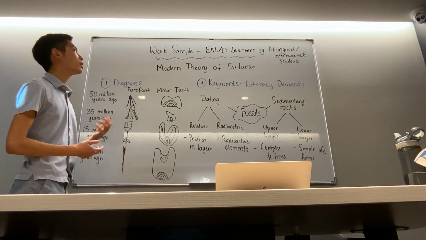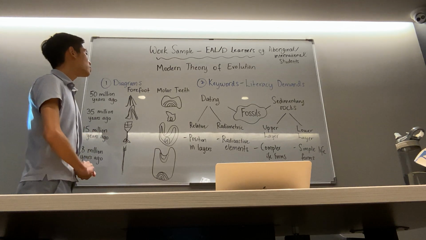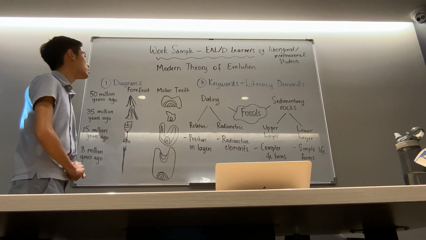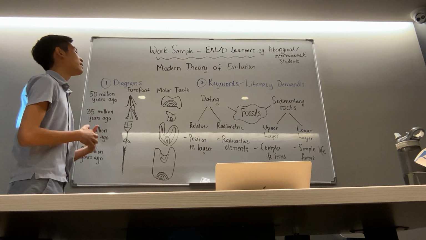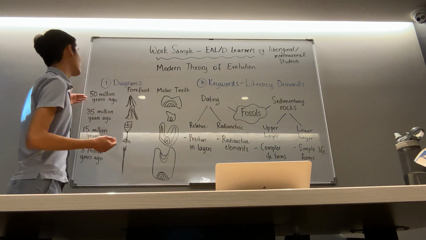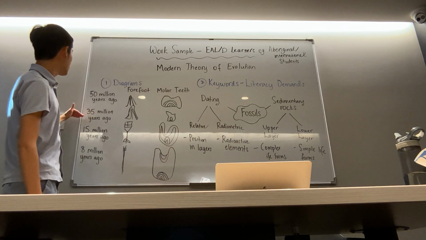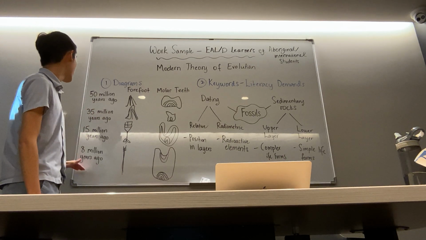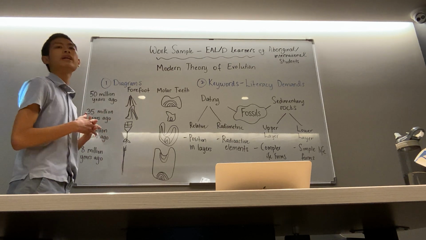So in this modern theory of evolution assignment, I have made sure that this Indigenous student was able to draw and identify the evolution of forefeet and molar teeth from 50 million years ago to 35 million years to 15 million years and then 8 million years, and explain that in terms of diagrams.